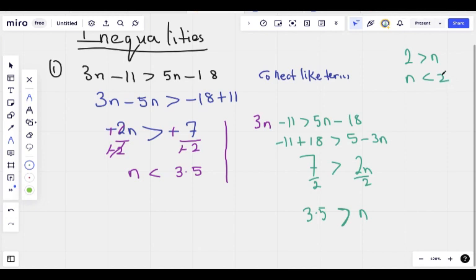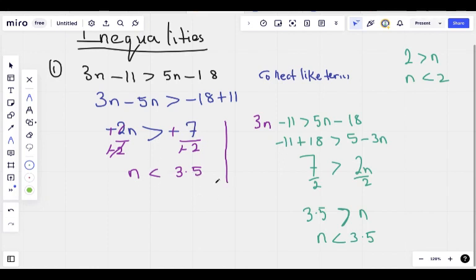So when you say 3.5 is greater than n, it's the same as saying n is less than 3.5. So that's what we got when we did it the other way around. That's why we get n is less than 3.5.